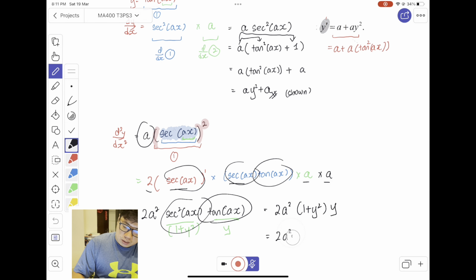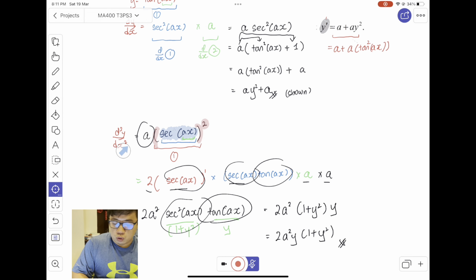Let me tidy this a bit, and you can see that I've managed to write my d2y dx squared as a polynomial in y. Okay, so that's all.